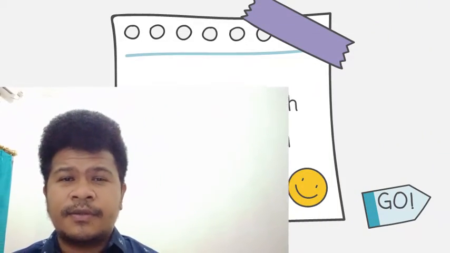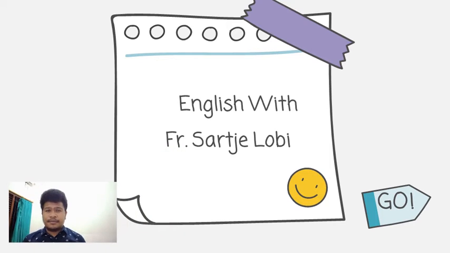In this occasion, we are going to learn one of the popular topics in English, I guess. That is degrees of comparison. So my question is, have you ever noticed how people compare two things or more?